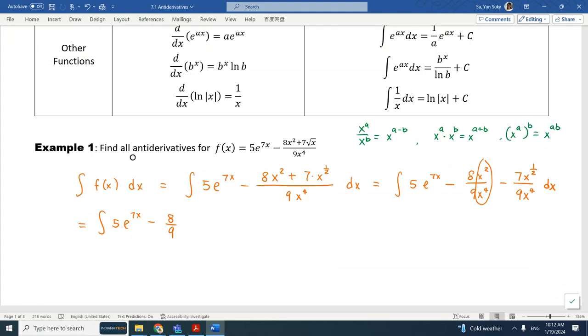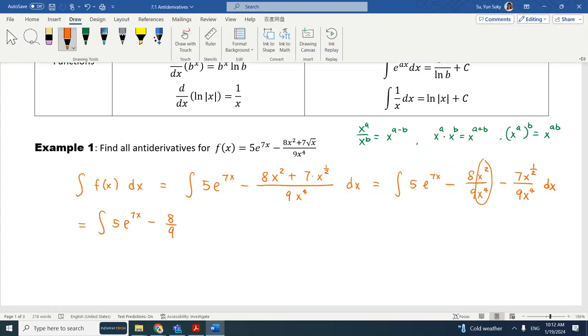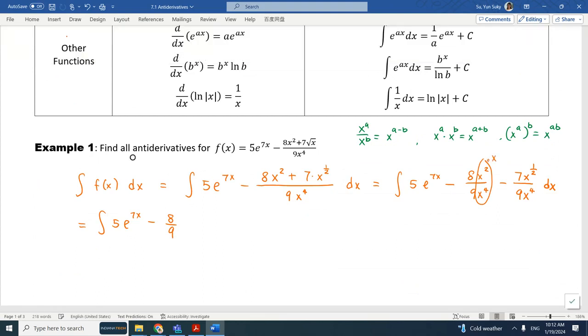You still remember, wonderful. So x squared over x to the 4th is x to the 2 minus 4, which is x to the negative 2. Everybody?